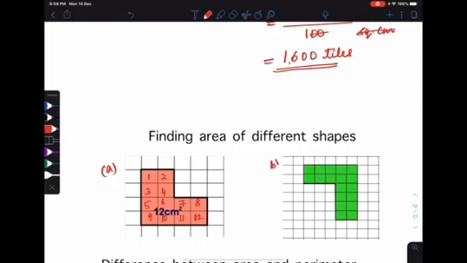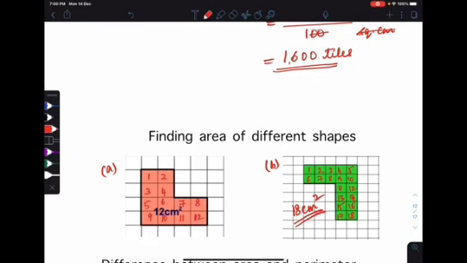Similarly, for this second figure, 1, 2, 3, 4, 5, 6, 7, 8, 9, 10, 11, 12, 18. So the total area would be 18 centimeters square. I hope all of you have understood, children.